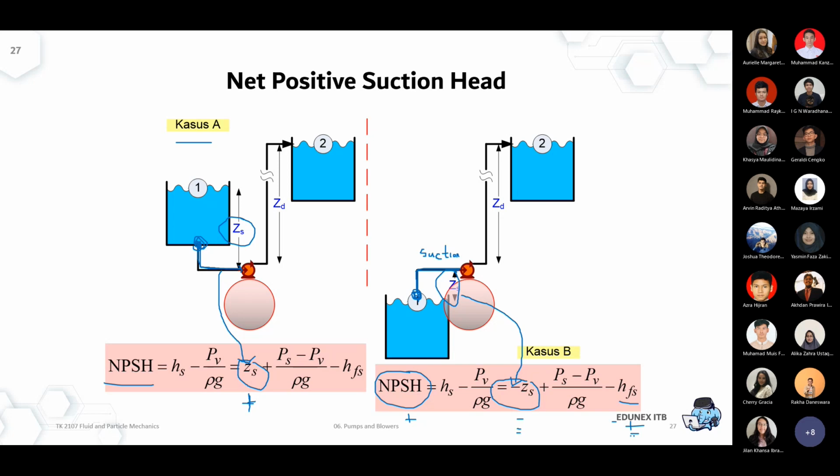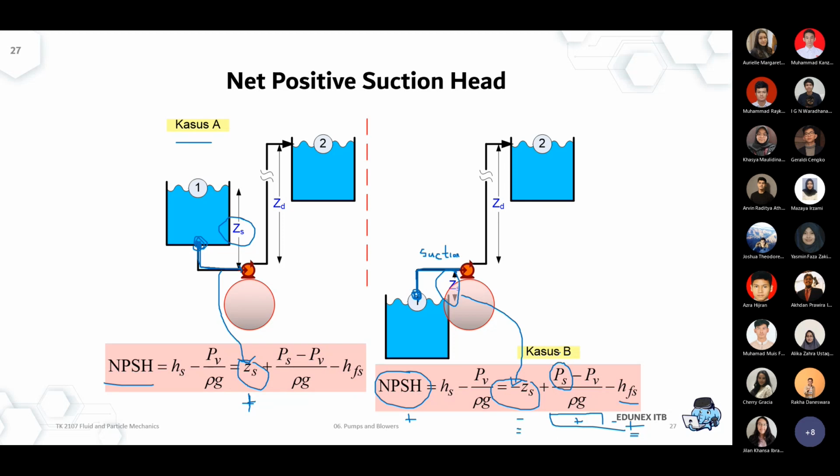The fraction must be positive, so the only way for you to avoid cavitation is to provide a high source pressure. This must be positive to prevent any cavitation. So the only way to provide that is to have a quite safe source pressure.